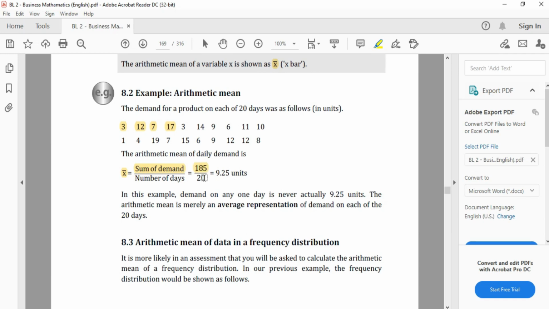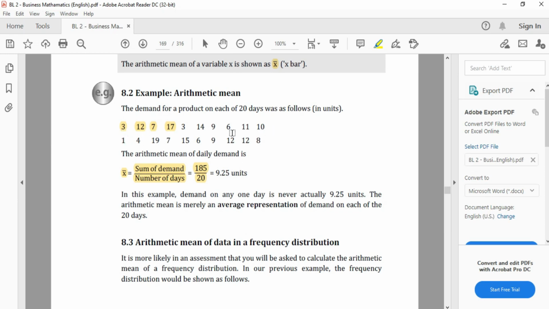And that you divide by the number of days, the number of rows it represents, or the number of columns, the number of cells it represents. Basically, count the number of items.